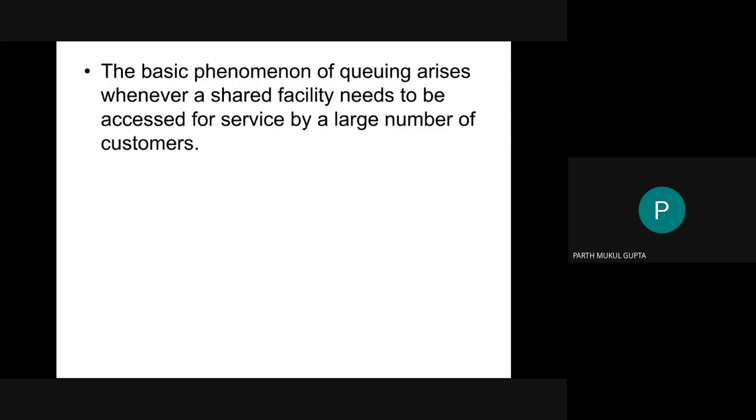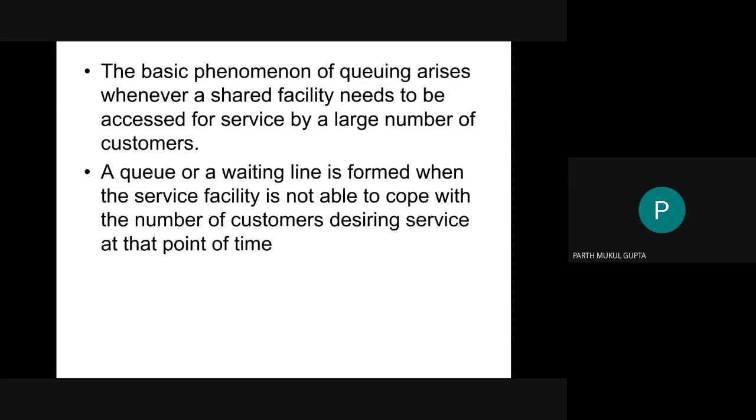Whenever the current service facility is not able to provide service at a particular point of time, a queue or waiting line is formed when the service facility is not able to cope with the number of customers desiring service at that point of time. In general, at a particular time we have more customers than the available service facility, so those customers make a queue.